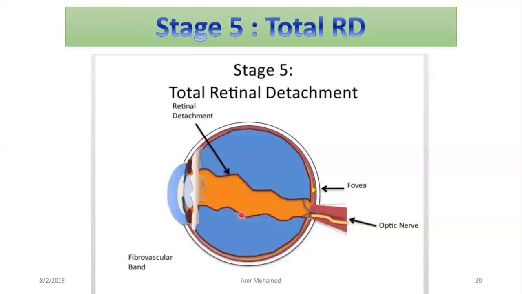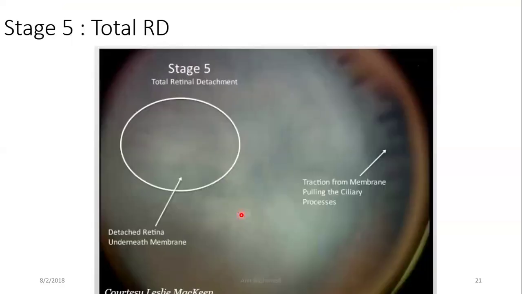We have closed funnel and open funnel. Usually open funnel firstly, then closed funnel is the late stage, and we will have that very sad appearance of detached retina behind the lens, which is one of the earliest names for the ROP.